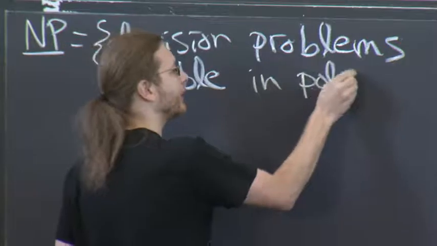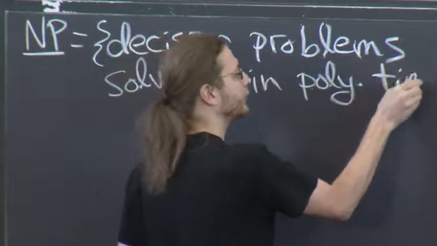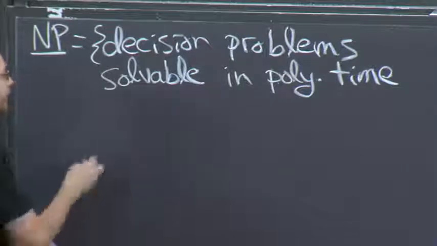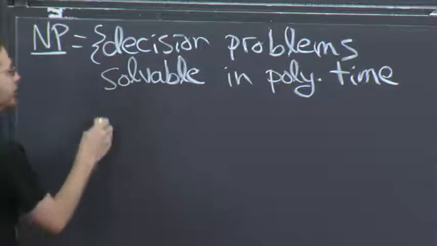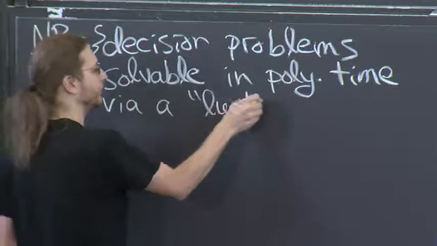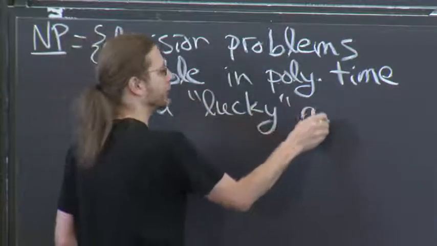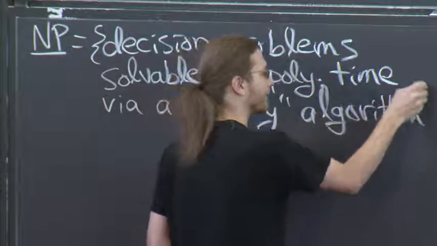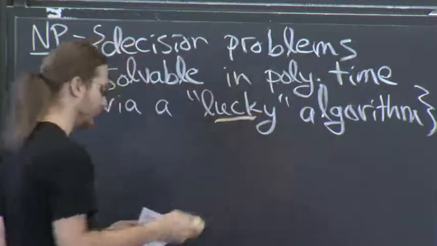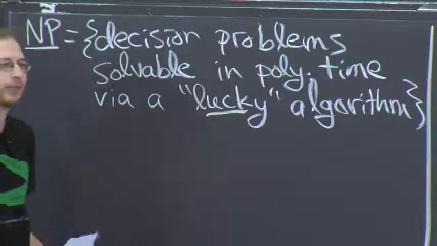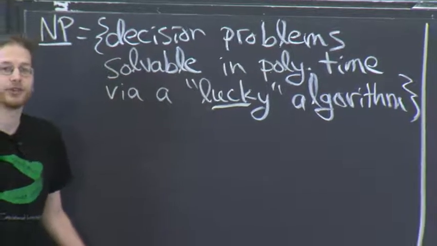The first line is the same. It's all decision problems you can solve in polynomial time. That sounds like P. But then there's an extra line, which is via a lucky algorithm. Let me tell you, at a high level, what a lucky algorithm does is it can make guesses.